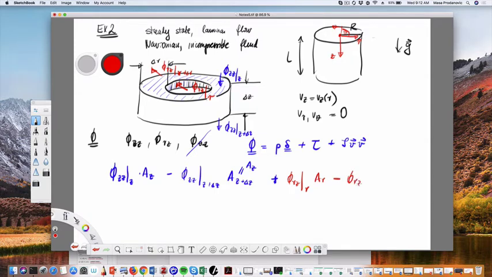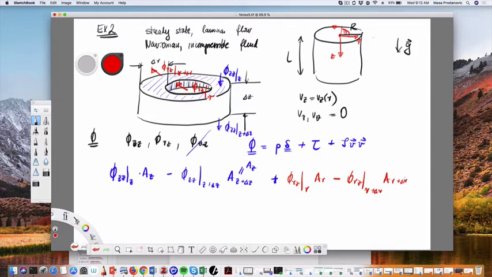Minus phi RZ at R plus delta R. And again, this hatched area here on the inside of the volume I'm calling AR. And on the outside, that area is slightly larger, right? Because it's a slightly larger radius, R plus delta R. So I have balanced the momentum, all of it.